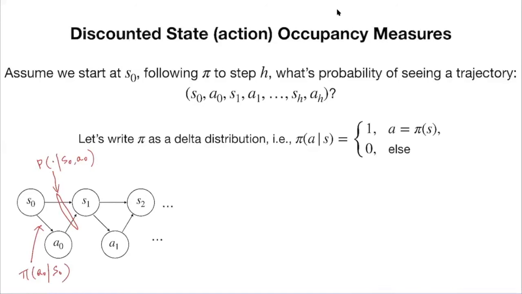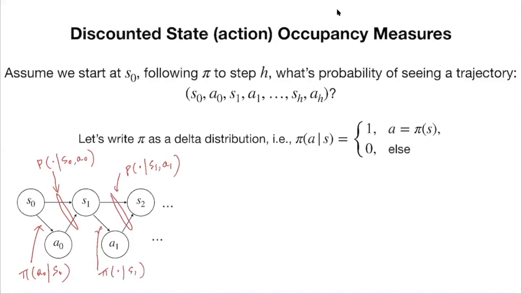Remember that using this delta distribution, I've already converted a deterministic policy to a distribution. It's a delta distribution, but it's a valid distribution. What about these two? It's just the transition from S1, A1. And this is, again, a policy that outputs a distribution over actions, conditional on S1.